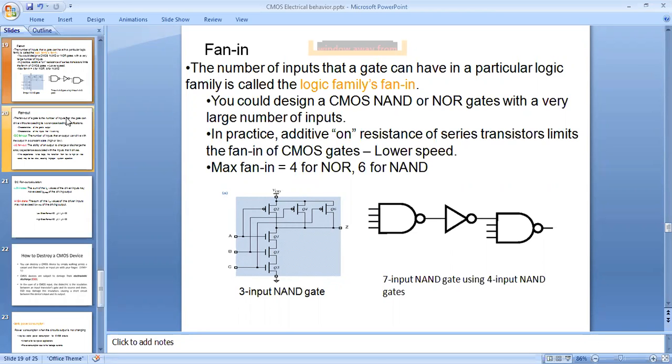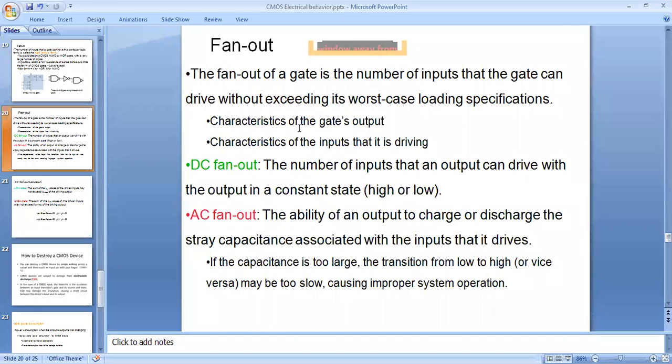Here also, fan out mainly depends upon the characteristics of the gate's input, the characteristics of the gate's output, and the characteristics of the input that is driving. That is, whichever circuit we connect at the output. We may connect a TTL, or otherwise a CMOS also.